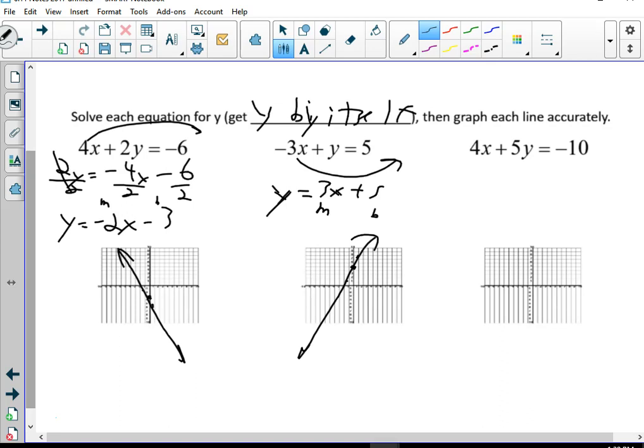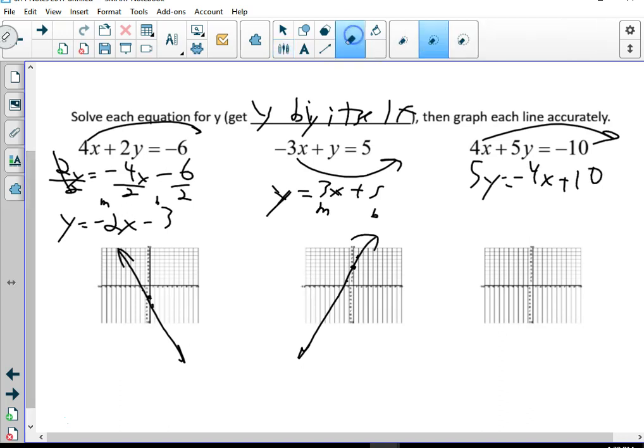Over here, kind of like number 1, we're going to move the 4x over, which gives me 5y equals negative 4x, remember to put it first, plus 10. Oh, my bad. Minus 10. Then I'm going to divide by 5. Remember, put the 5 underneath each thing.